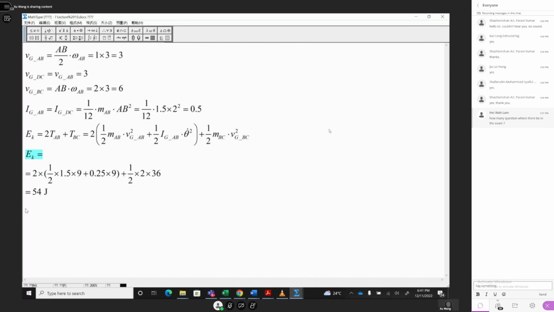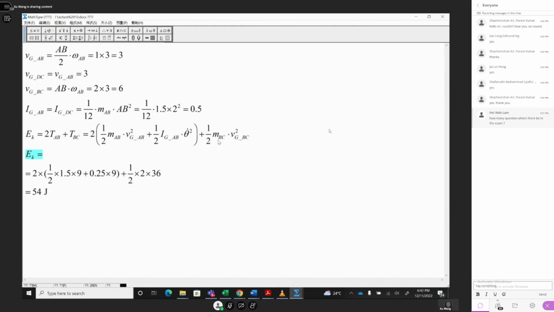So you put this 2 multiplied by half of m_AB, which is 1.5, and then plus half of this v squared, 3 squared is 9. Then I_G,AB is half here, half multiplied by half is 0.25, and theta dot is omega, 3 squared becomes 9.